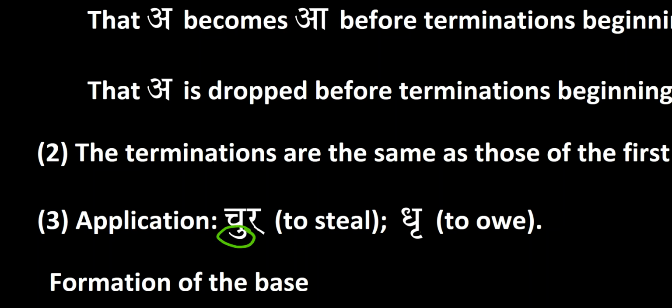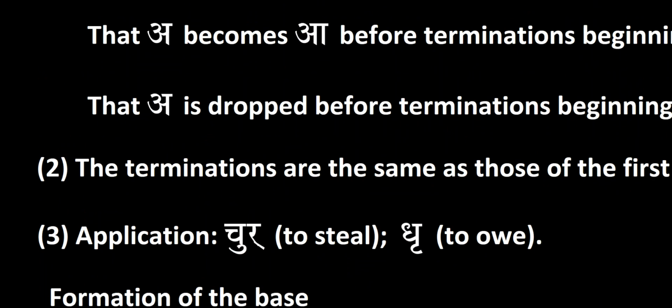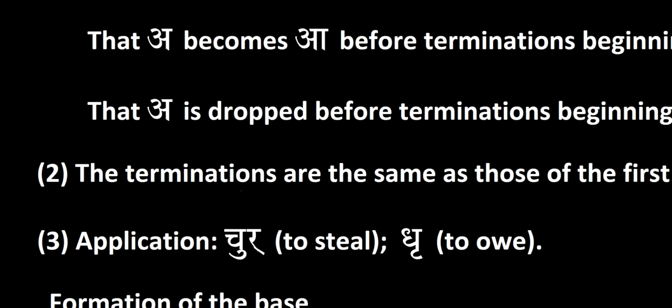Dhri, to owe, has your final vowel in the verbal base, and in this case it is ri. So remember, the first step is short medial vowel takes guna, final vowel takes vridhi. So which one takes which? Since chud has a short medial vowel, this is going to take guna. Since dhri has the final vowel, this is going to take vridhi.